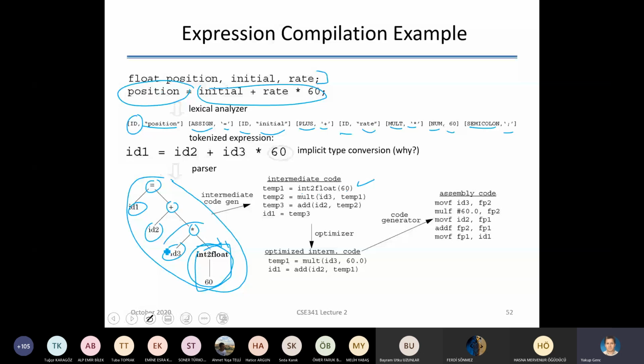And then the result is in temp2, sorry. So that will be added to ID2. And then ID1 is going to be added to that value. This is temp3 here, and temp3 is going to be assigned to ID1. So this is my intermediate code.